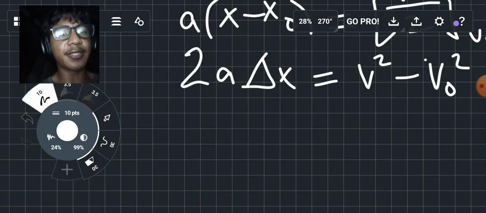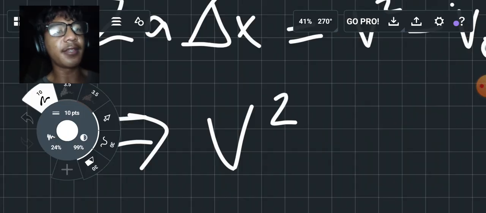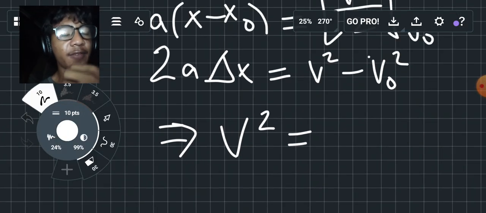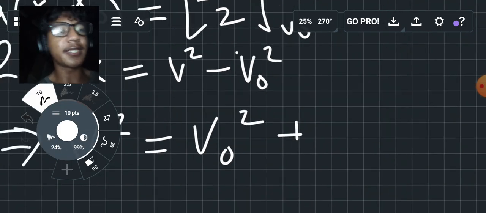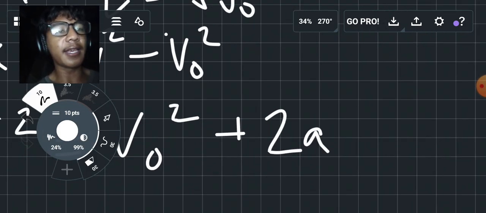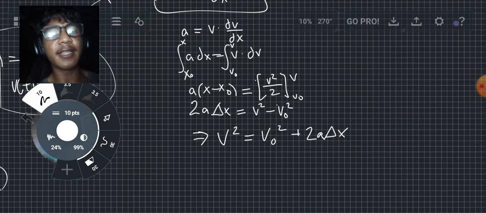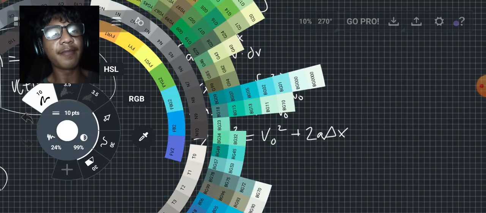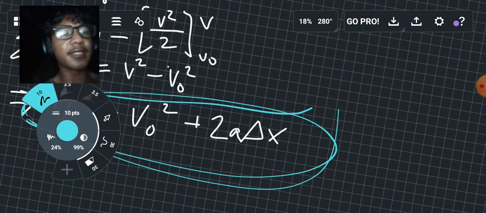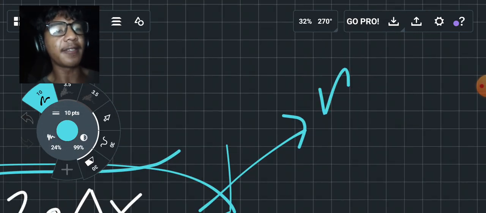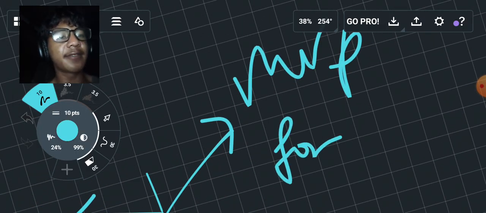And rearranging, we have v squared is v naught squared plus 2a delta x. So now that is our very familiar formula right there. This is my MVP for kinematics.